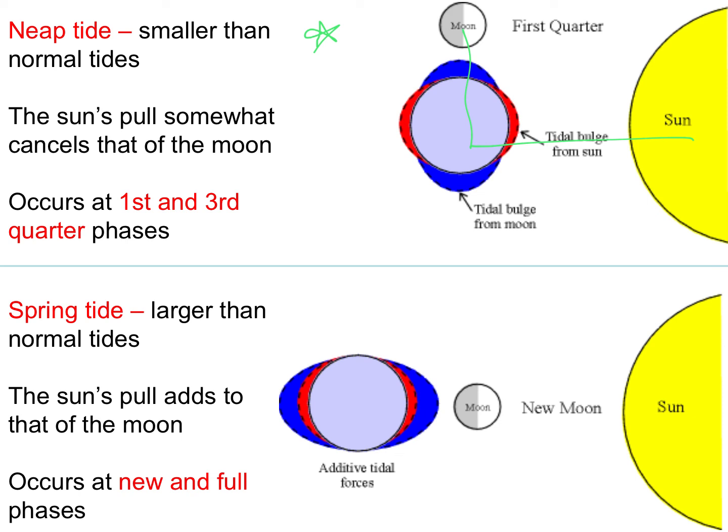Here, the moon is pulling the water in one way, and the sun is pulling the water in the opposite way. They partially cancel out, making the tides lower than they usually are. The opposite situation is called a spring tide. Here, the sun, the Earth, and the moon are all lined up and are working together to make larger than normal tides.